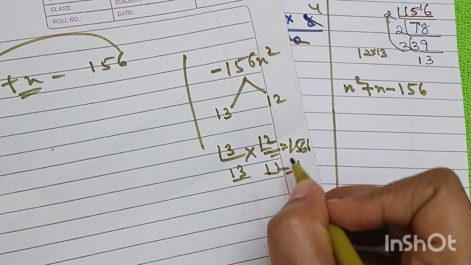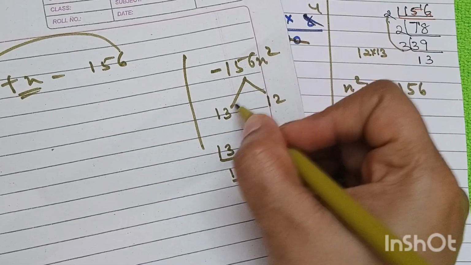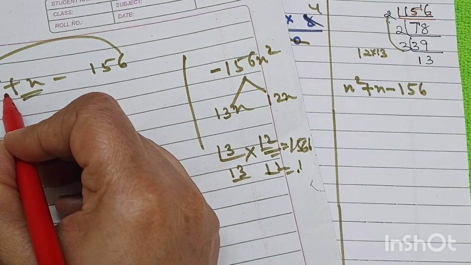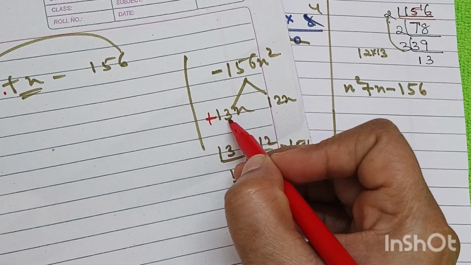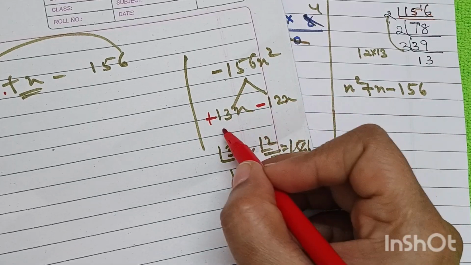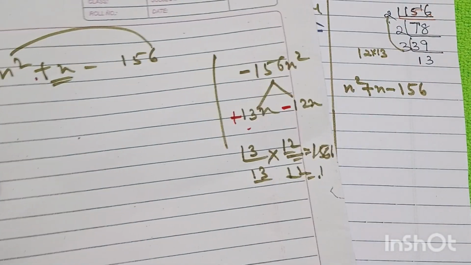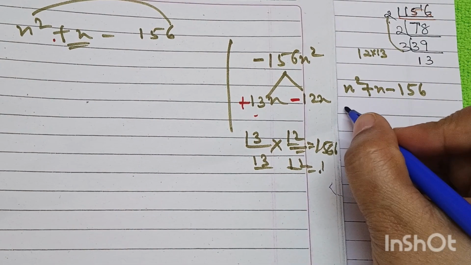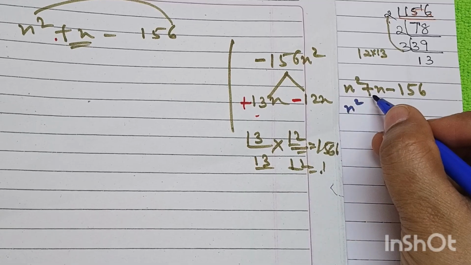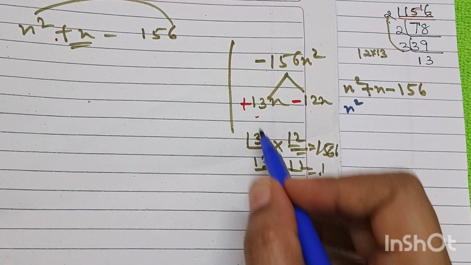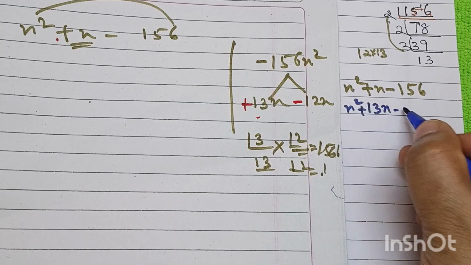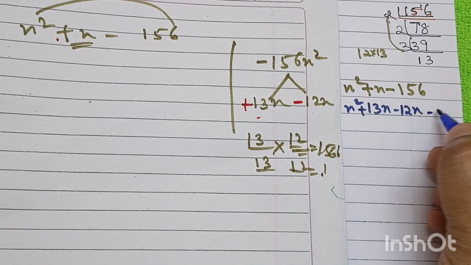Subtracting 12 from 13 gives 1. The greater number, 13, gets the plus symbol. So I'll write n square, and instead of plus n, we write the split value: plus 13n minus 12n, then minus 156.